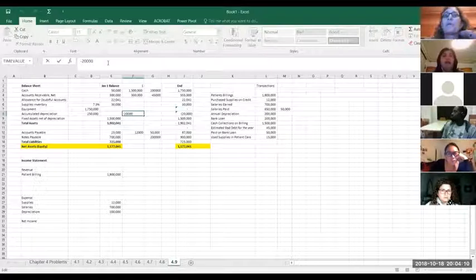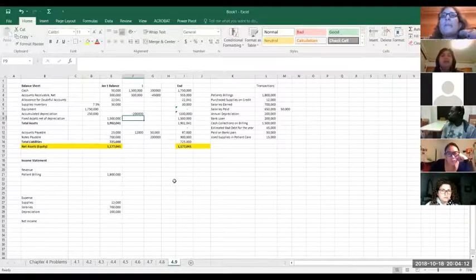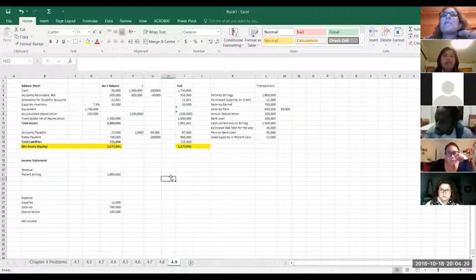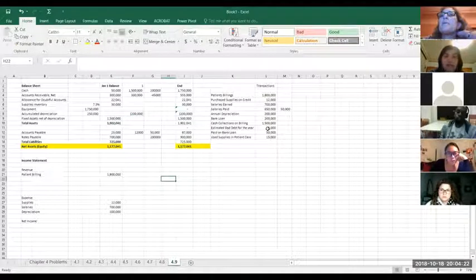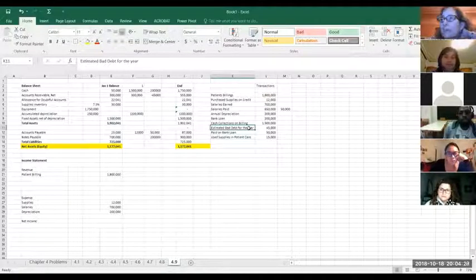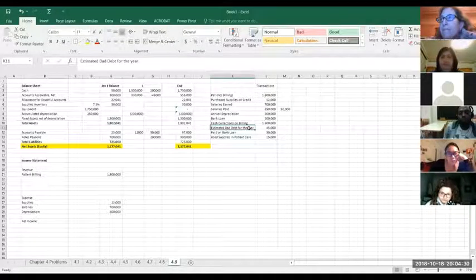How is that different from allowance for doubtful accounts? Yeah, so it's a very good question. So this gets sometimes confusing, but the estimated bad debt and provision for bad debt are pretty much the same thing, okay?